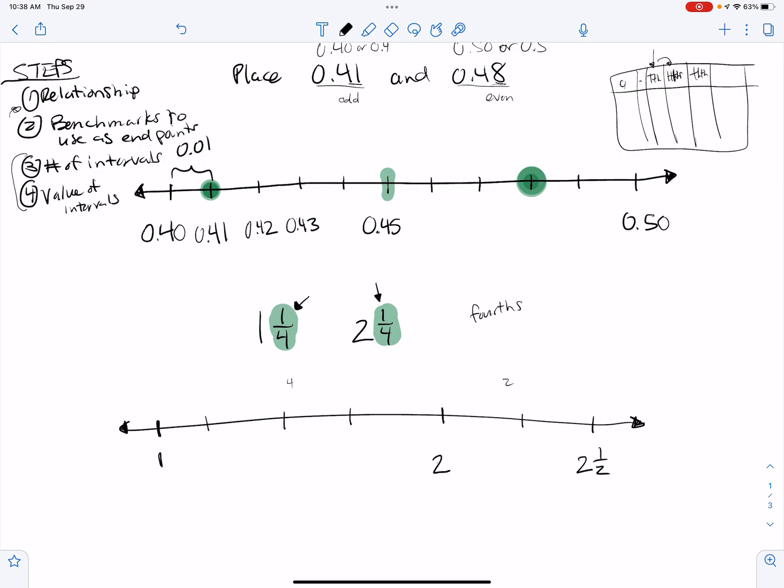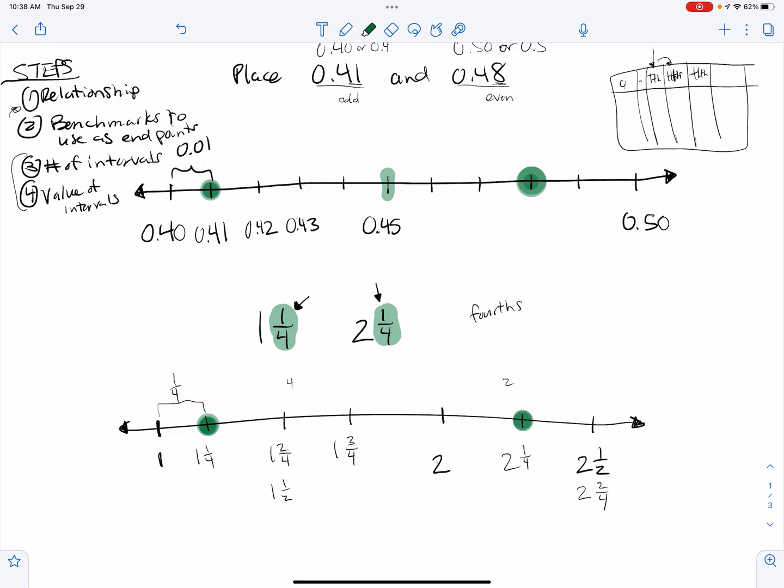And if I check this out, with an interval of 1/4, I would get 1 and 1/4, 1 and 2/4, which is the same as 1.5, 1 and 3/4, 2, which is 1 and 4/4, and then 2 and 1/4, and this is 2 and 2/4 there. So our interval of 1/4 looks good, and now we can place 1/4, and we can place 2/4.